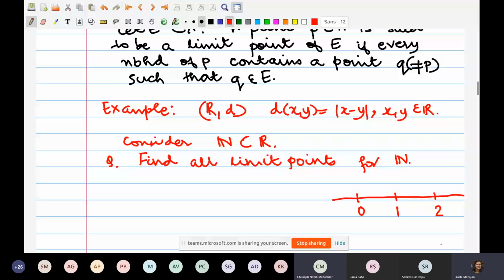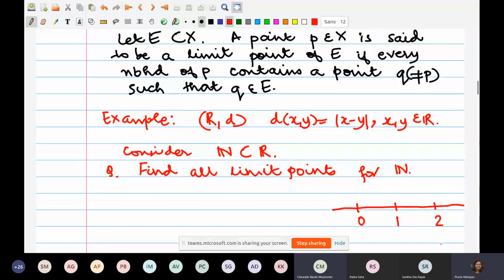Take 1 plus or minus half. The suggestion is to look at this neighborhood: 0.5 to 1.5. This interval is a neighborhood of 1 on the real line, and it contains no other natural number besides 1 itself. Hence 1 cannot be a limit point of the set of natural numbers. Similarly, you can show that no natural number is a limit point of this set.